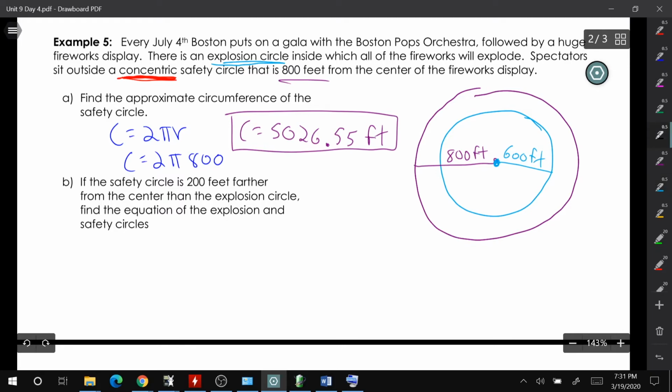We know that because the radius of the safety circle is 800, and that is 200 feet further out. So this distance right here is 200 feet further than the explosion circle. And 800 minus 200 gives us 600. So let's write the equations of each circle. The safety one.